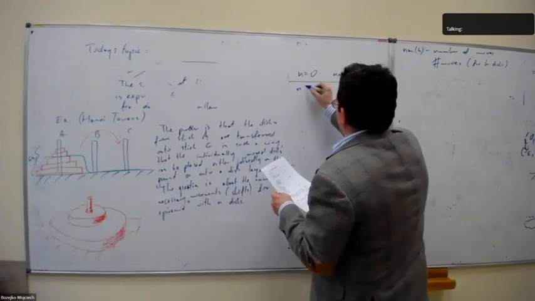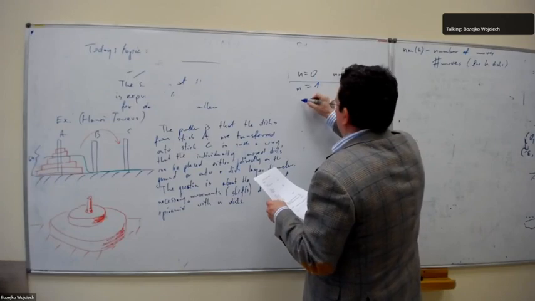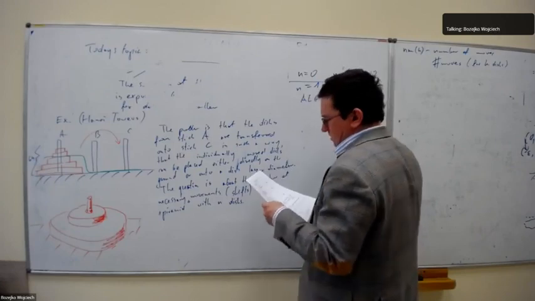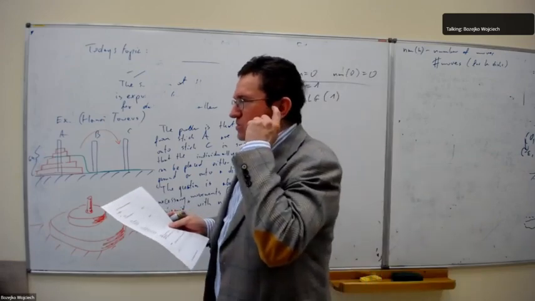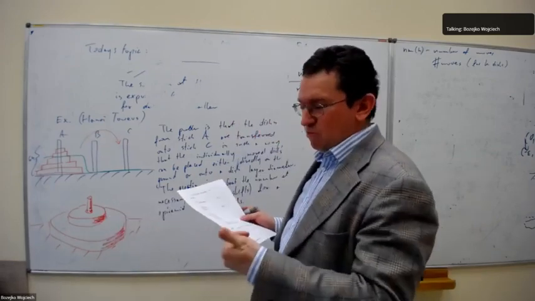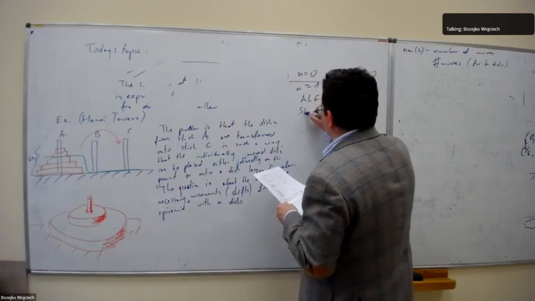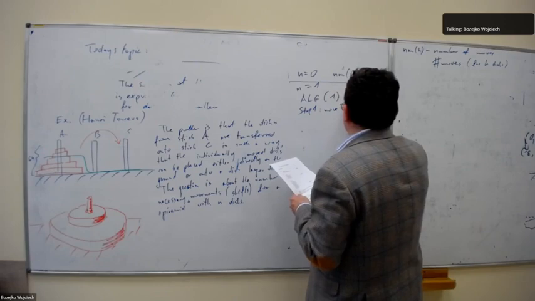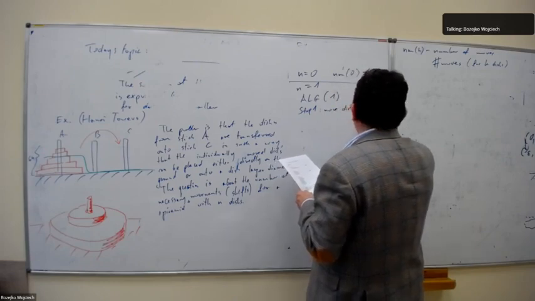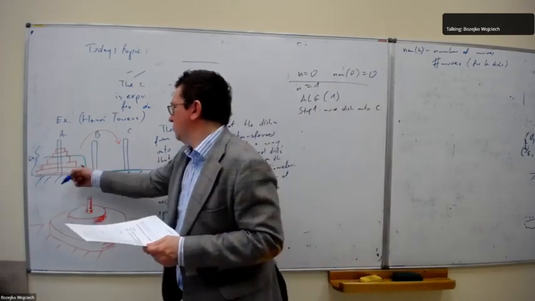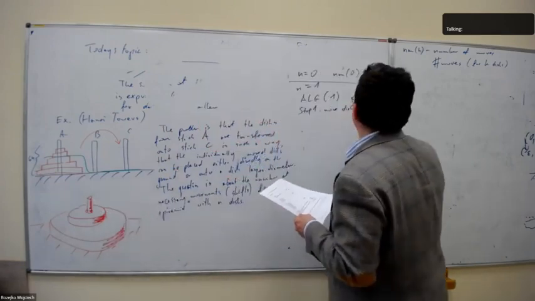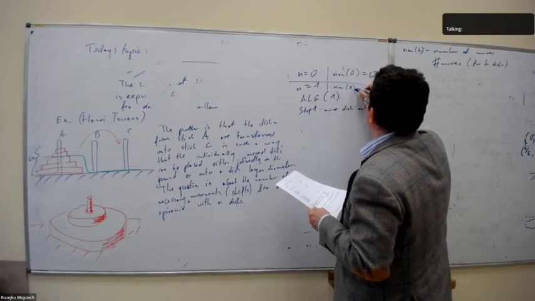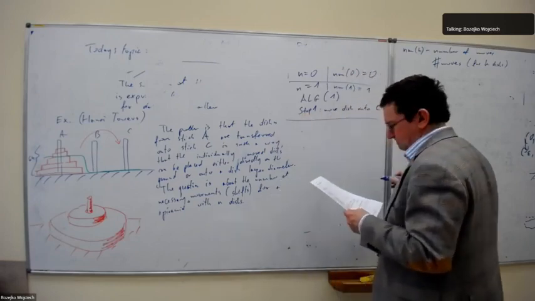For n equal to 1, we have the algorithm for 1, and it consists of only one step. Step 1, move the disk onto C. Just one disk. So the number of moves for 1 is 1 move.